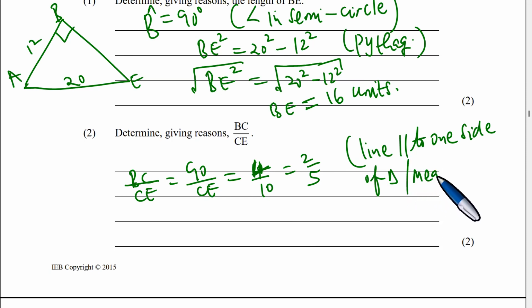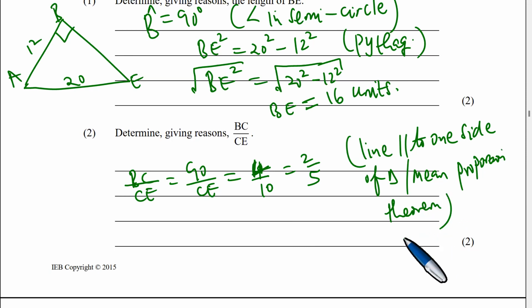You can call it the mean proportion theorem. So yeah, BC over CE is 2 out of 5.